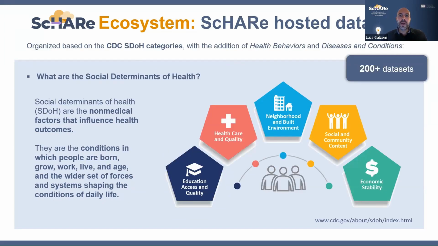For our ScHARe-hosted datasets, which are in addition to those hosted by Google, we divided and categorized them based on the social determinants of health categories. All of you know, I'm sure, that the social determinants of health are the non-medical factors that influence health outcomes, and there are several categories.